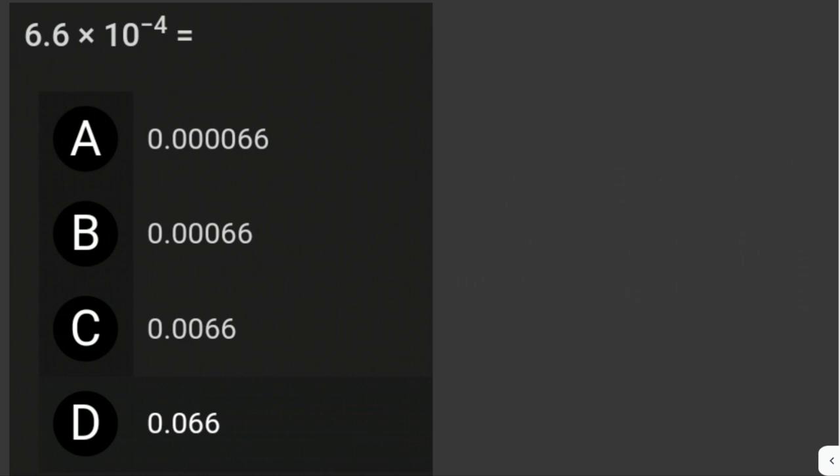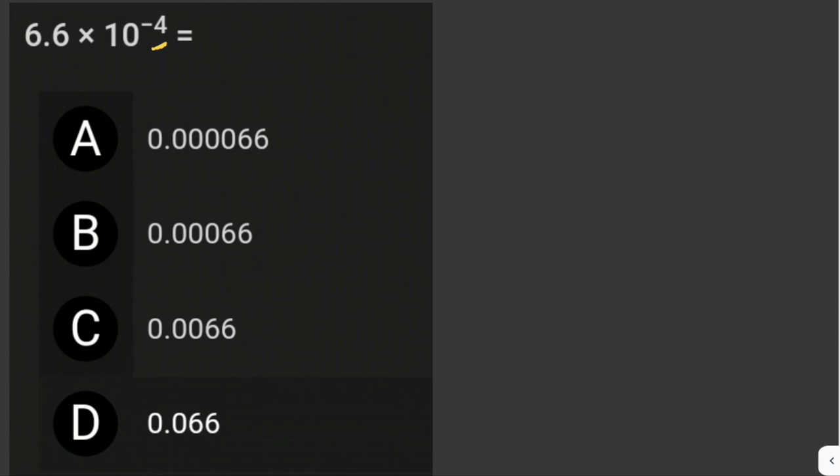6.6 times 10 to the negative 4 is equal to. So when we multiply a decimal value by 10 raised to a power, then it is equivalent to moving the decimal point to either the left or the right a number of times. It depends on the exponent here, or the power.